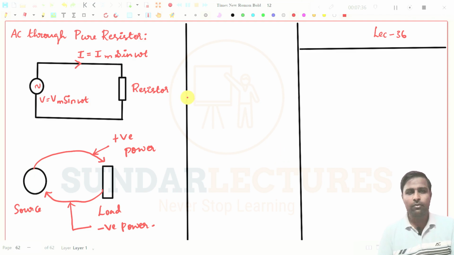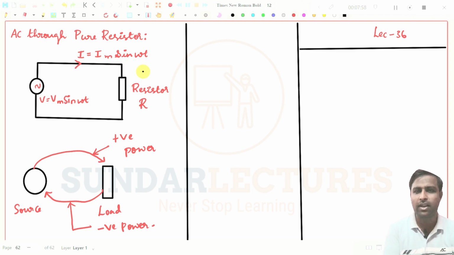Now, what I really want to explain here: if it is a purely resistive circuit, and I am giving V equal to Vm sin omega t and a resistor R, I need to find what is the value of I. I have written here Im sin omega t, but how this I comes, I'm just going to derive.